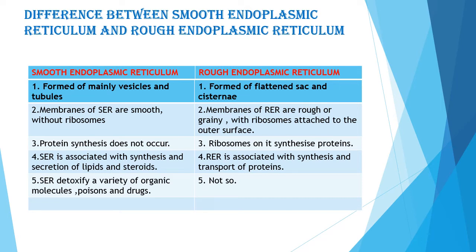Rough endoplasmic reticulum is associated with synthesis and transport of proteins. Smooth endoplasmic reticulum helps in detoxification. They detoxify a variety of organic molecules, poisons and drugs. But rough endoplasmic reticulum doesn't do so.